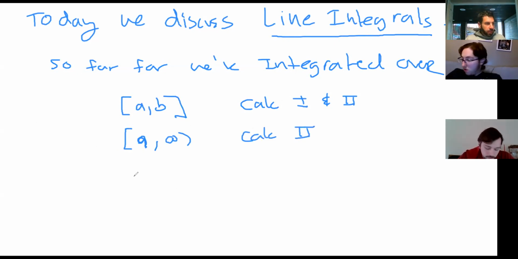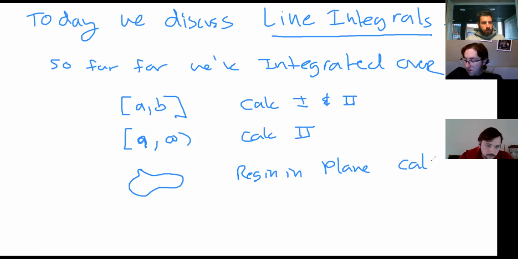Then in Calc 3, we learned we can integrate over a region in the plane. That was Calc 3. And then we talked about we can integrate, and this is going to be hard for me to draw. Let me just draw something that's easier to draw.